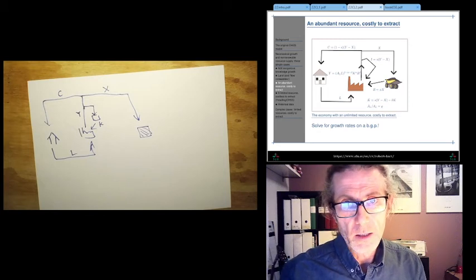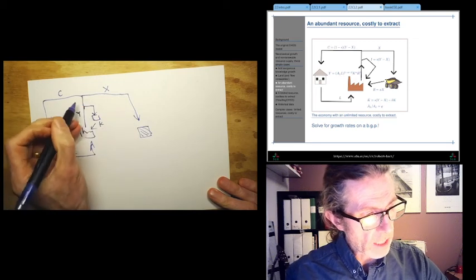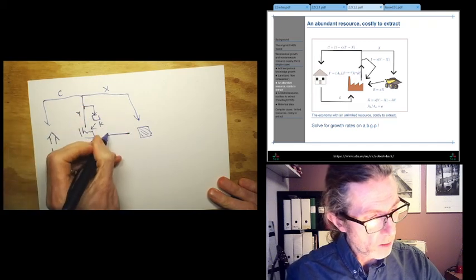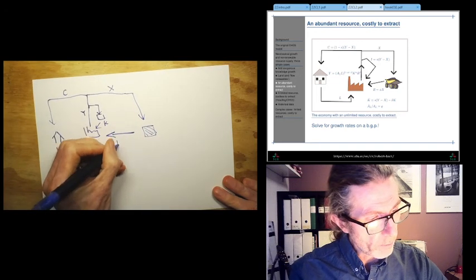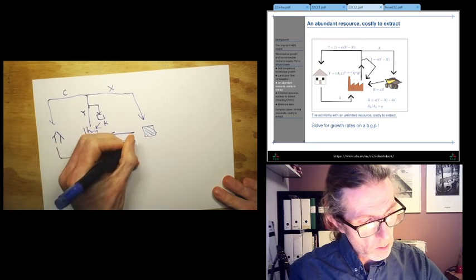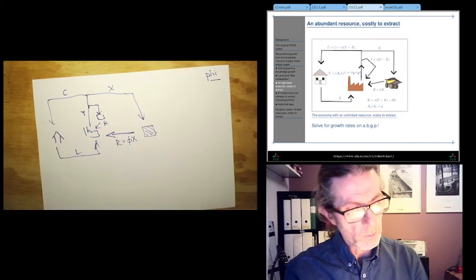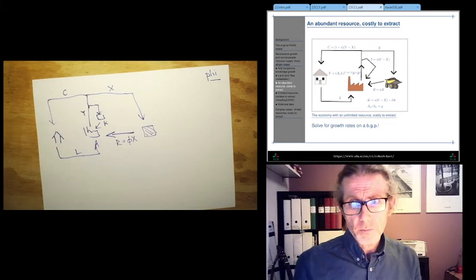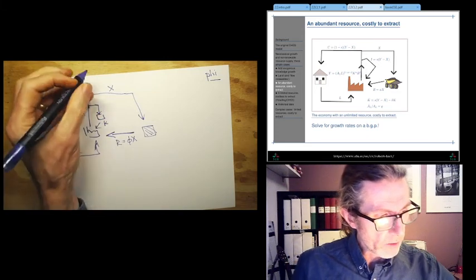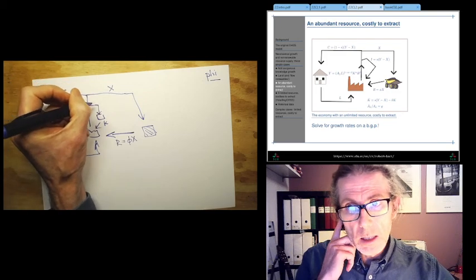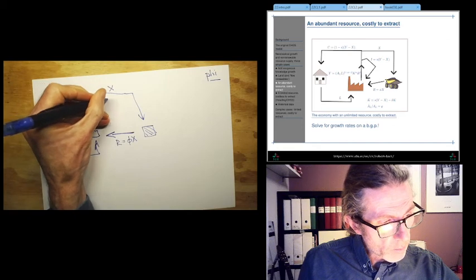And the more stuff we send here instead of to the capital stock or to consumption, the bigger the flow of R. R is phi times X. And of course, investment is S times (Y minus X).